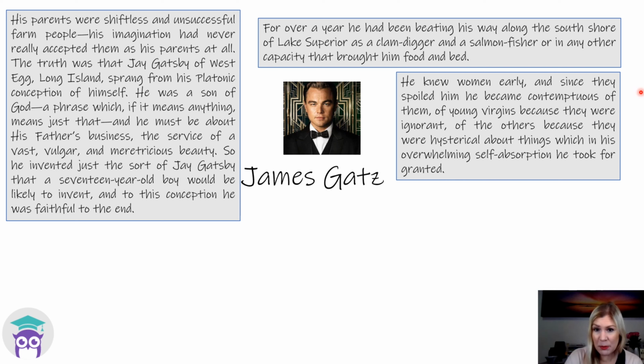And since they spoiled him, because women found him attractive and lavished attention on him, he became contemptuous of them, of young virgins because they were ignorant, of the others because they were hysterical about things which in his overwhelming self-absorption he took for granted. So this tells us that Gatsby is sleeping with two types of women, the inexperienced and the experienced.